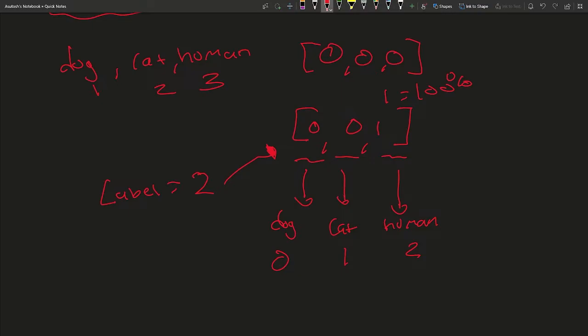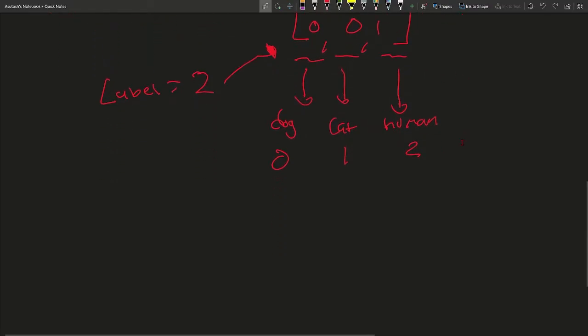And this is different from what the computer would output. Say we sent this data for a human through the network, and this is what the predicted outputs might look like. It might look something like 0.12, 0.08, and then 0.80, right?